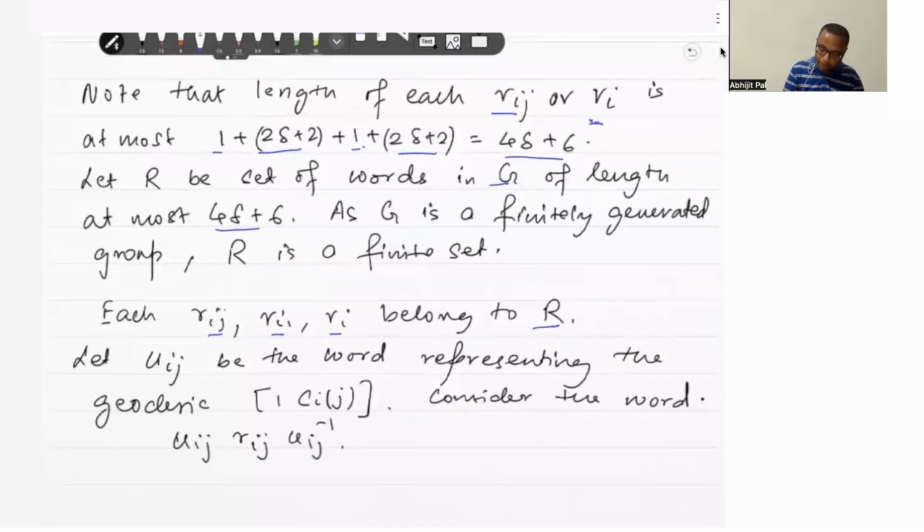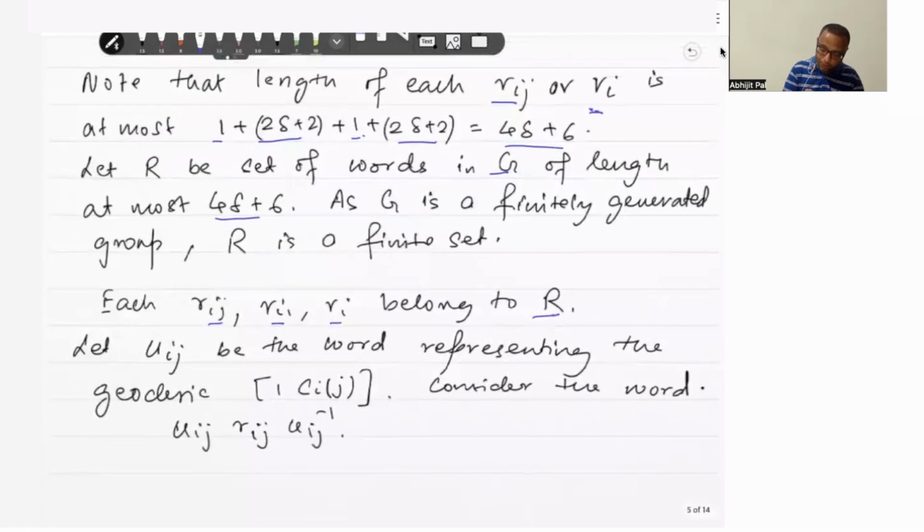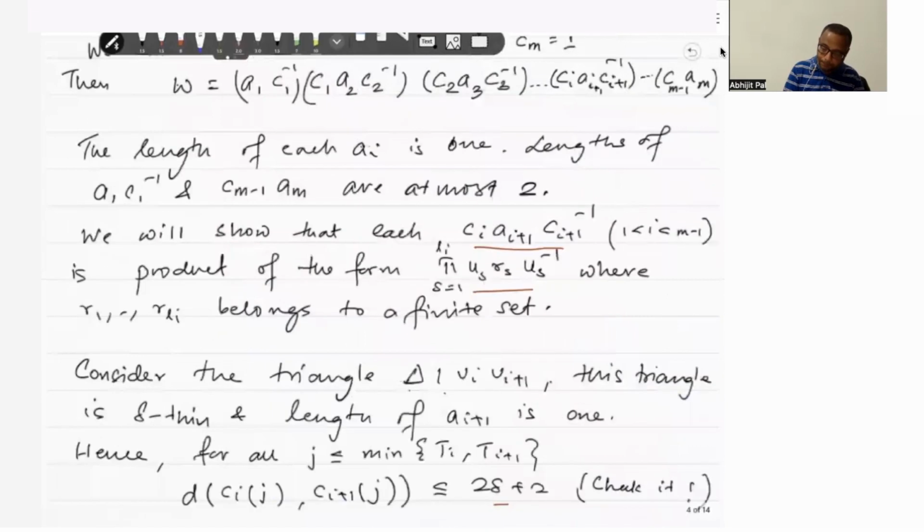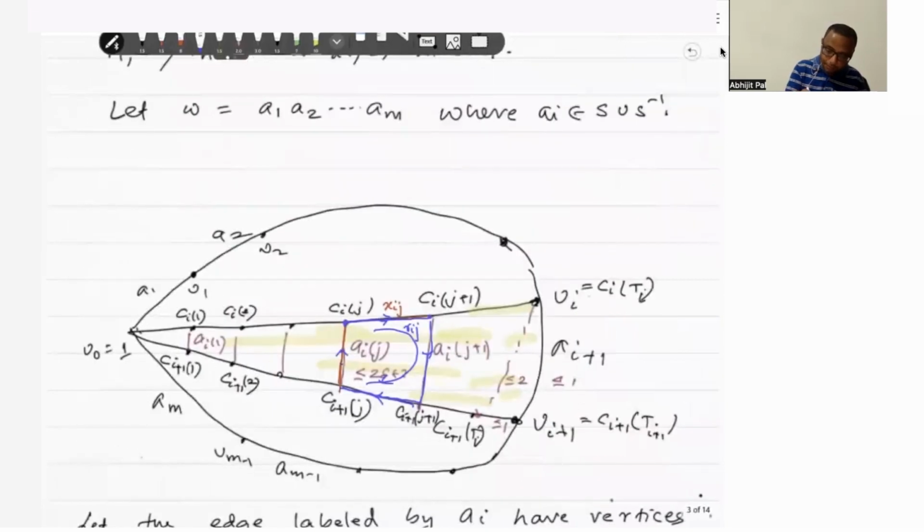Now we are almost done. So now what you do, let Uij be the word representing the geodesic joining 1 and Cij. So Uij is this word representing the geodesic joining 1 and Cij, this green geodesic.